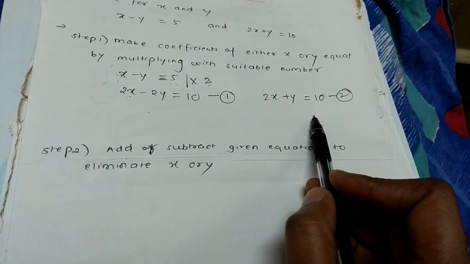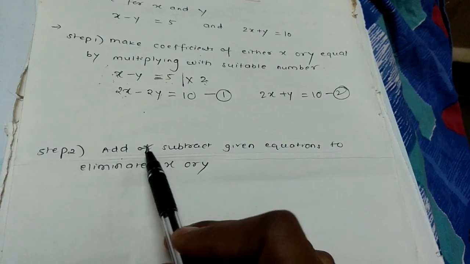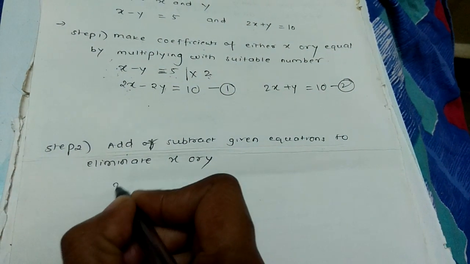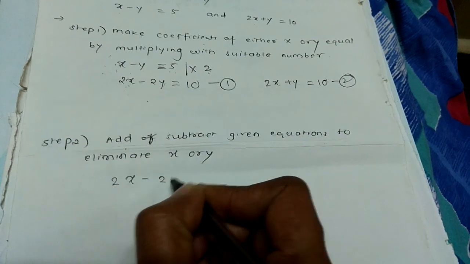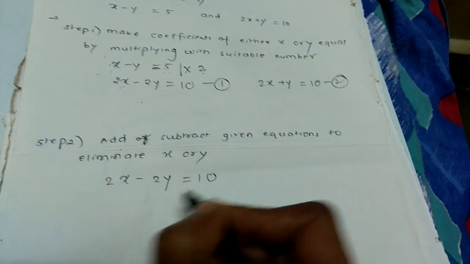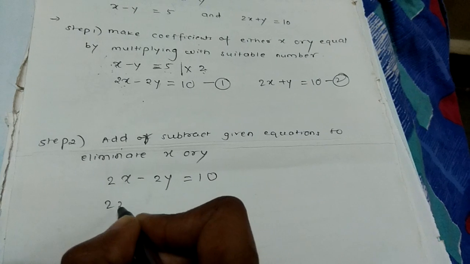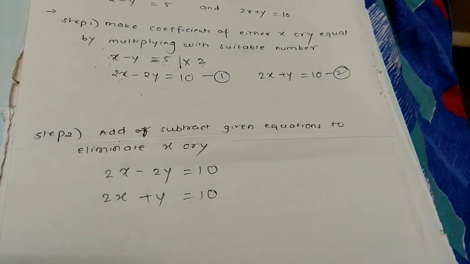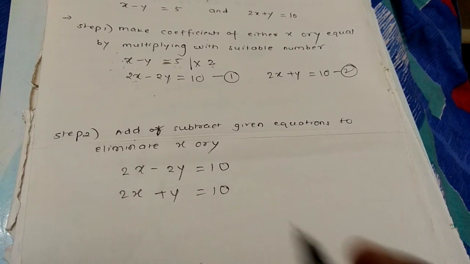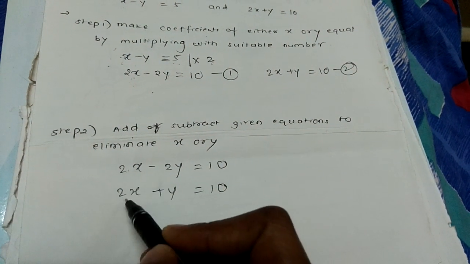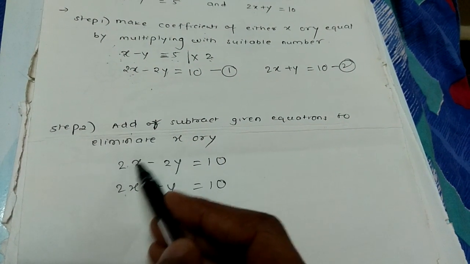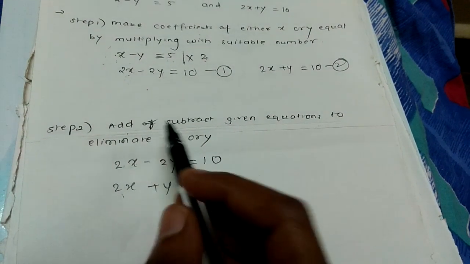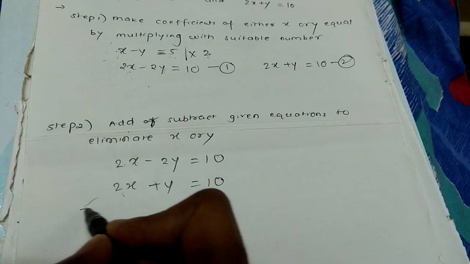So these two are the given equations: 2x minus 2y equals 10, and the second one is 2x plus y equals 10. If you add them, it will be 4x. x will not be eliminated. So we have to subtract.